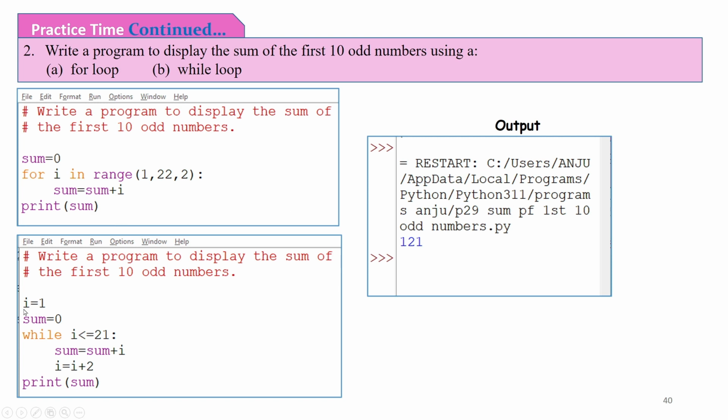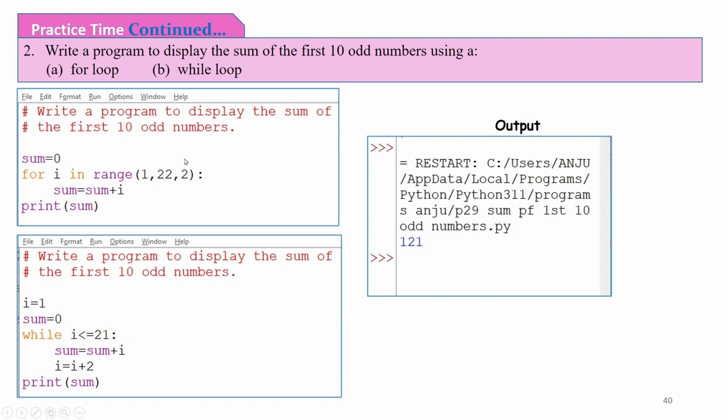In the while loop also, we have to initialize I as 1, and sum also to be initialized as 0. Now while I is less than or equal to 21, here we have to write the last value. In for loop, we have to write one value ahead. Now while I is less than or equal to 21, sum is equal to sum plus I. The same statement will be repeated here.